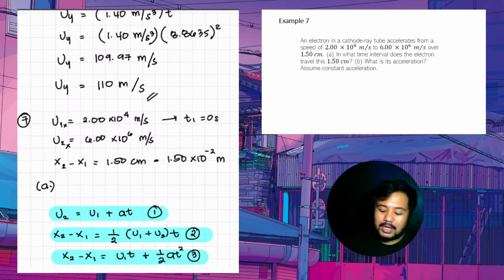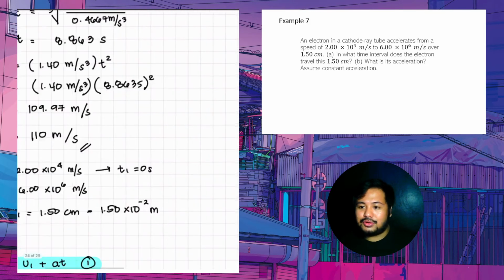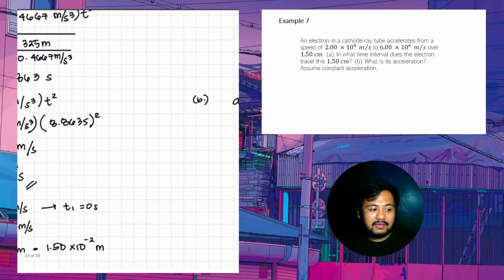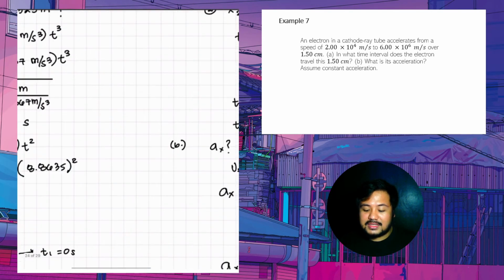So you have there 1.50 cm, or that's 1.50 times 10 raised to negative 2 meters. I also assumed that at v1x at this point, I have the time t1 equal to 0 seconds. Okay, so we are after, first, in what time interval does the electron travel this 1.50 cm?